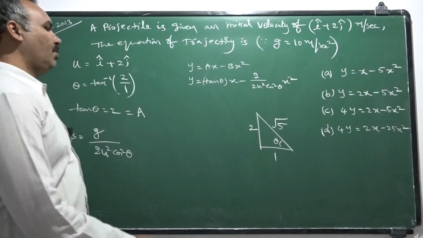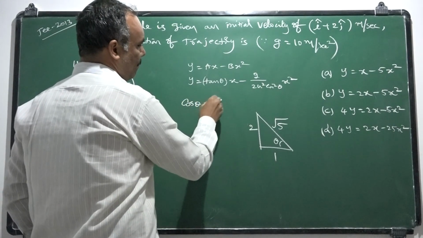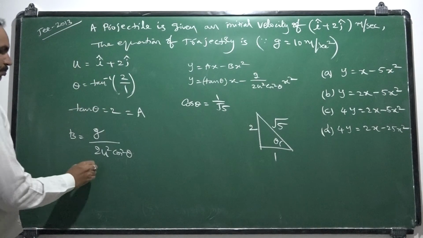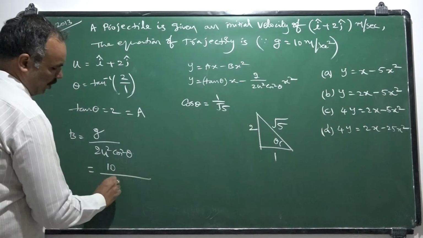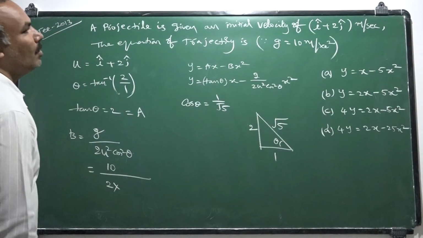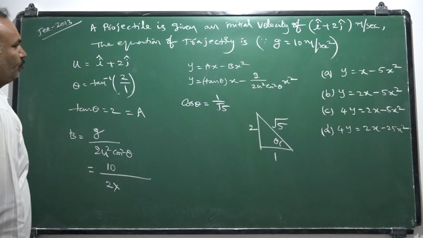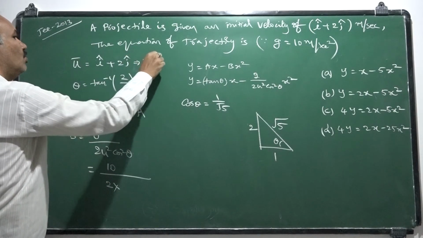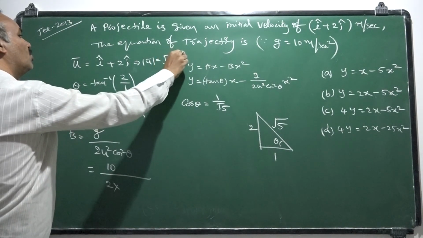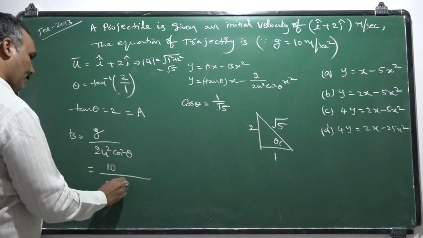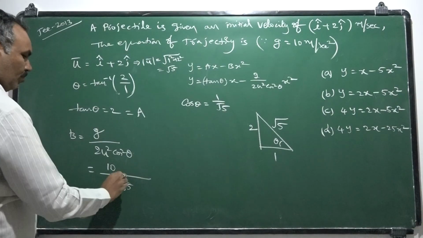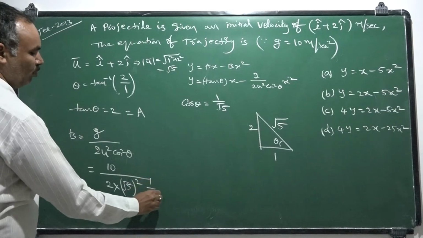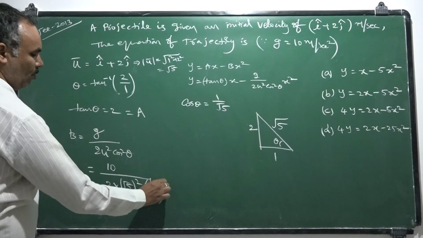So cos theta is given by 1 by root 5, adjacent side by hypotenuse. By substituting g value as 10 here, and u square, the magnitude we want, this is a vector, mod u bar is equal to square root of 1 square plus 2 square, that is root 5 whole square, cos square theta, so that is 1 by root 5 whole square.